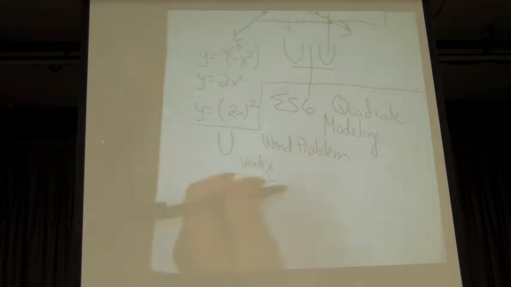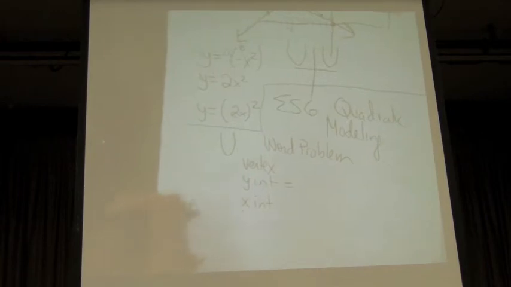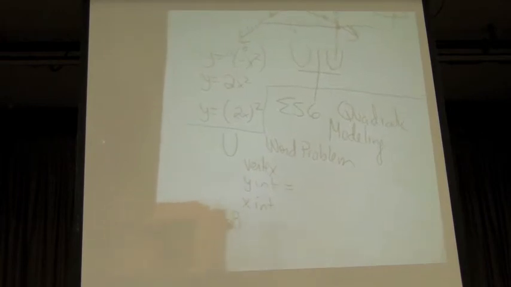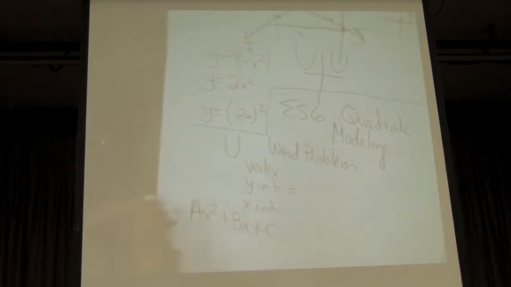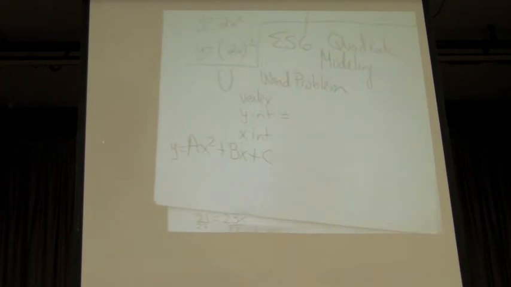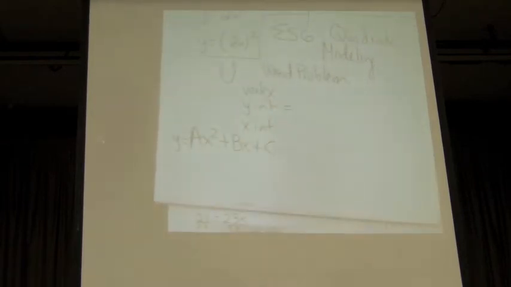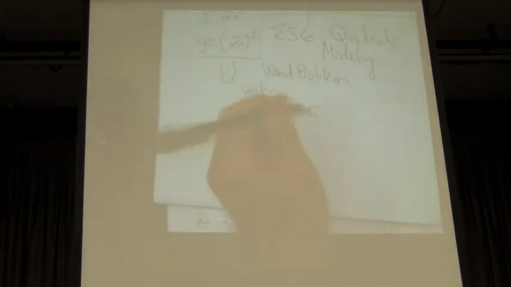So first off, quadratic means ax squared plus bx plus c. And the easiest thing to find in a parabola is your y-intercept, because your y-intercept is always c.